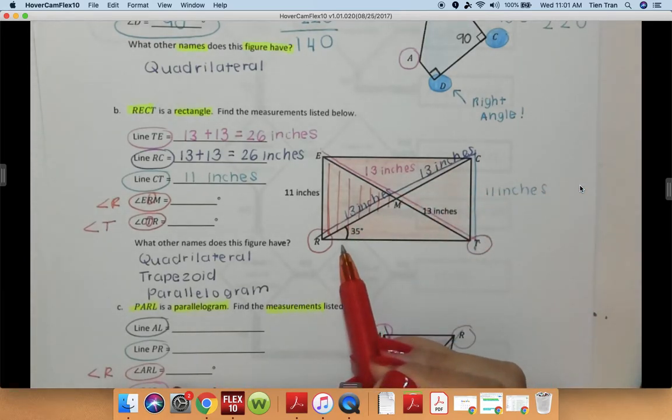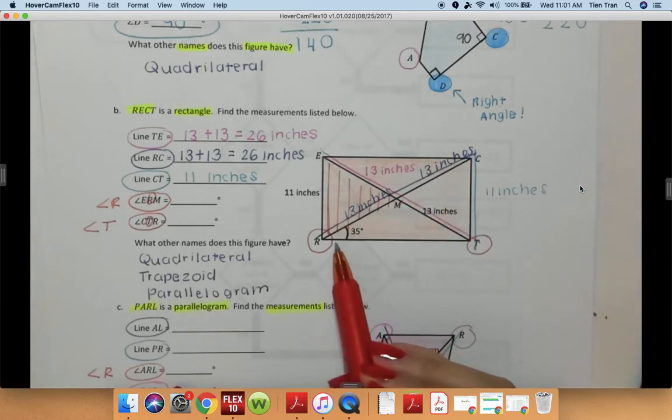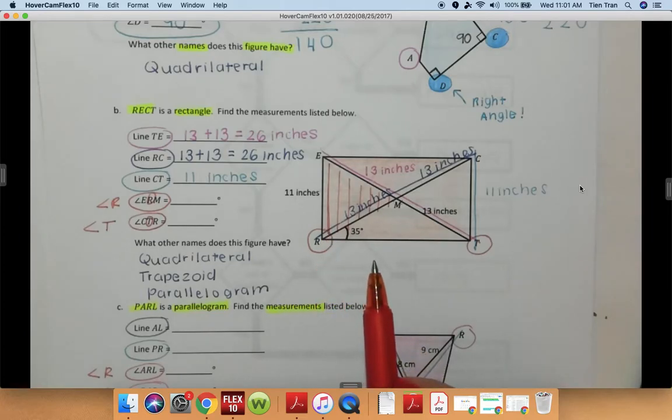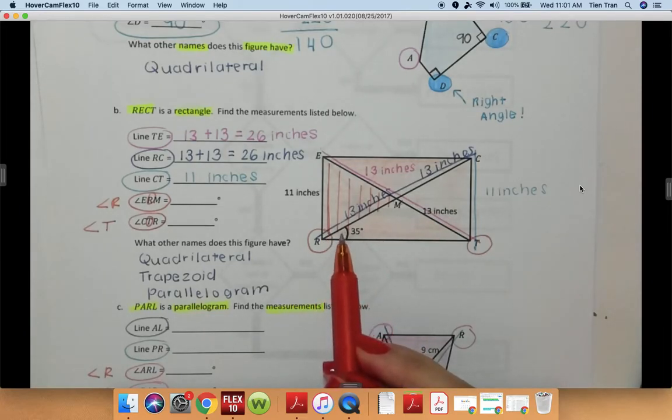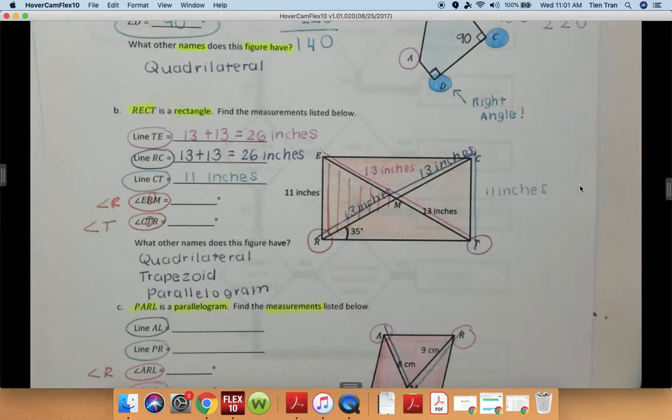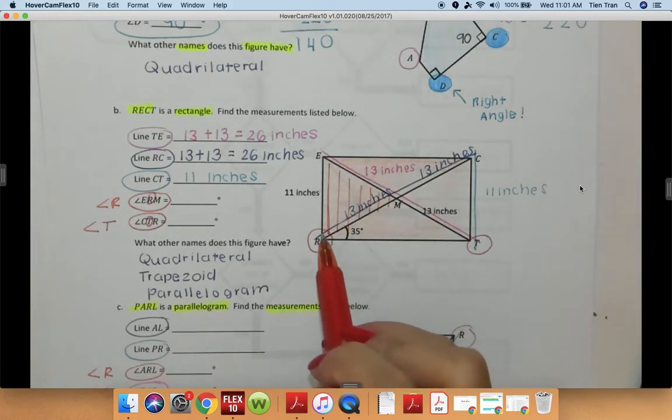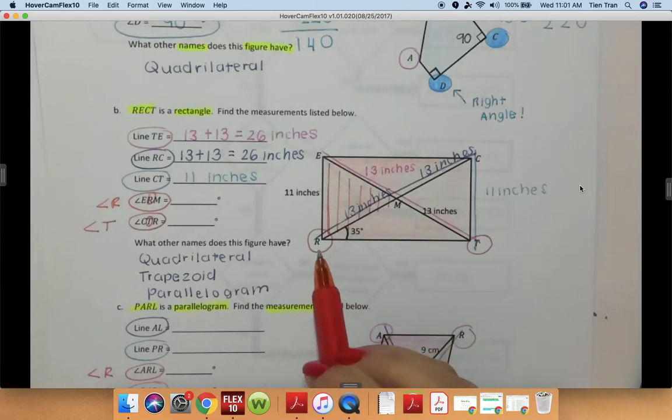If this side is 35, then I need to figure out how much is my angle over here, okay? So if this one is 35, I'm going to subtract 180 minus 35 to figure out what is angle ERM. So that's what I'm going to do. Oh wait, not 180.